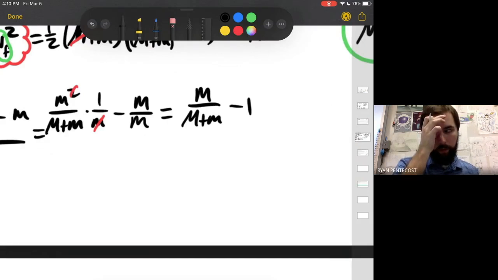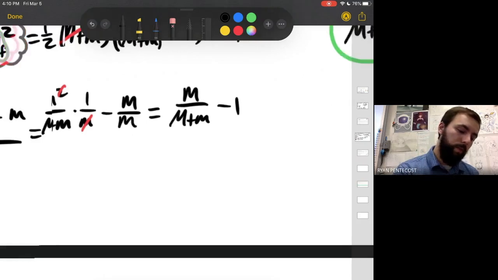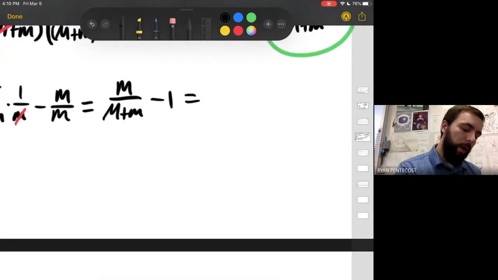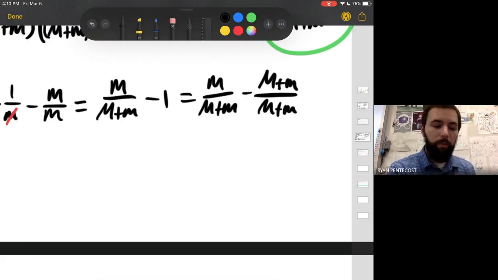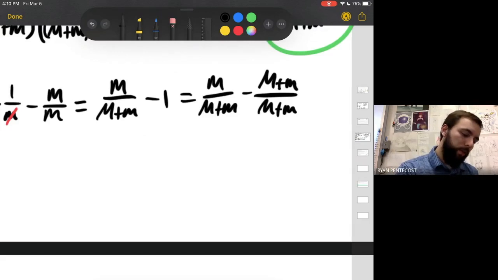Now that minus 1 we can turn into a common denominator, right? By using the big M plus little m. So we will subtract big M plus little m divided by big M plus little m. It is 1, so that's legal. So now let's write all this out.